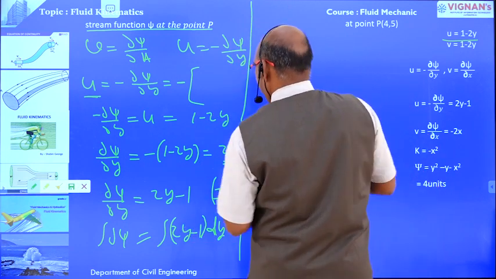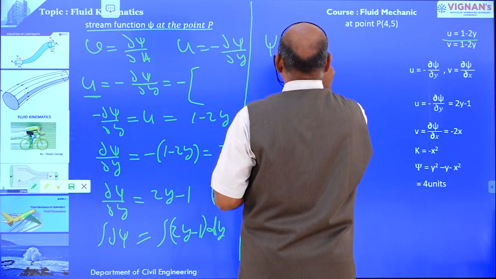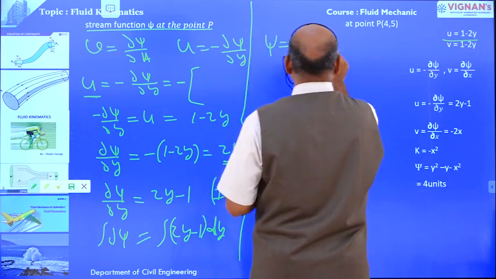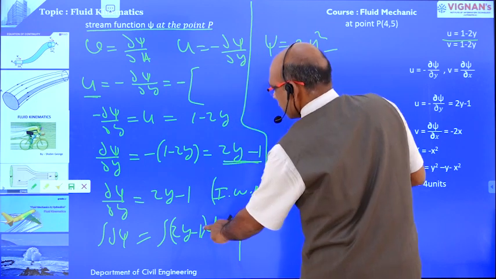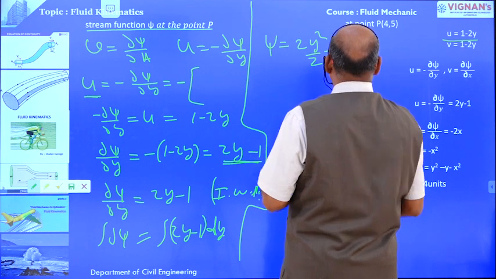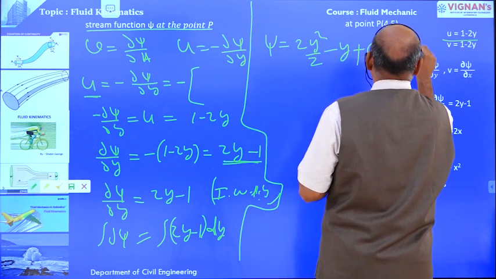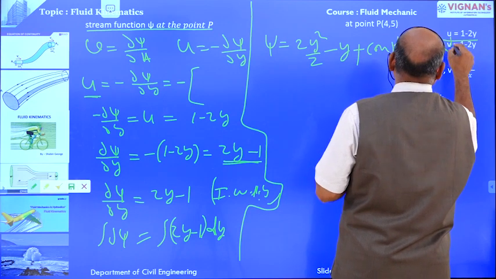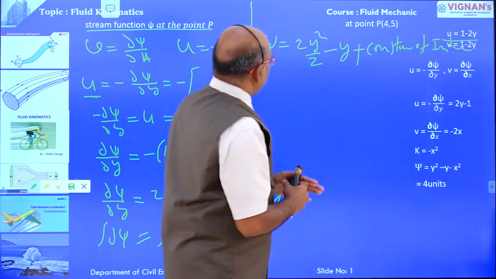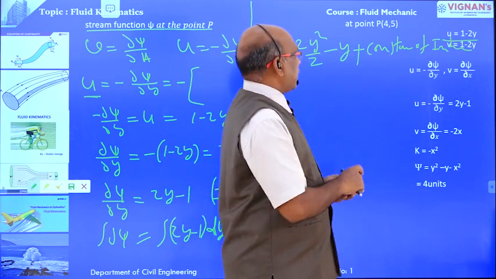This is the 2y, so 2 into y square by 2 minus y plus constant of integration. ψ is equal to 2y square by 2 minus y plus constant of integration.